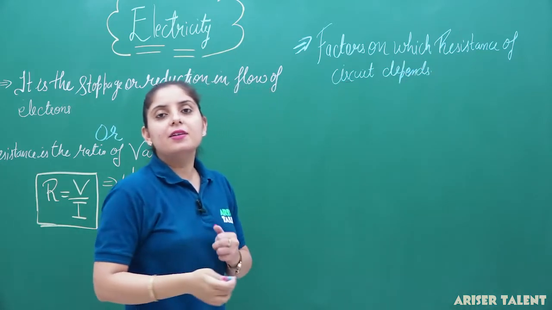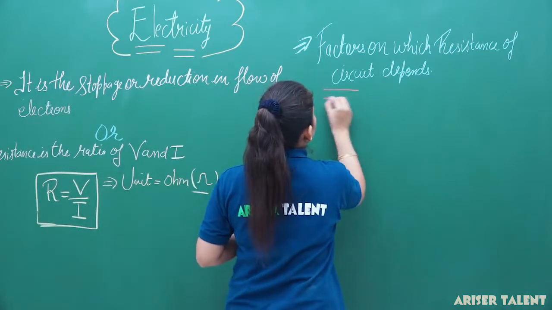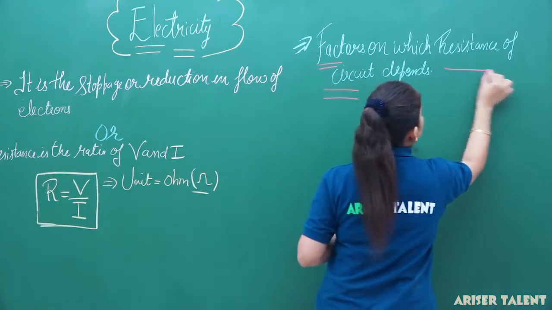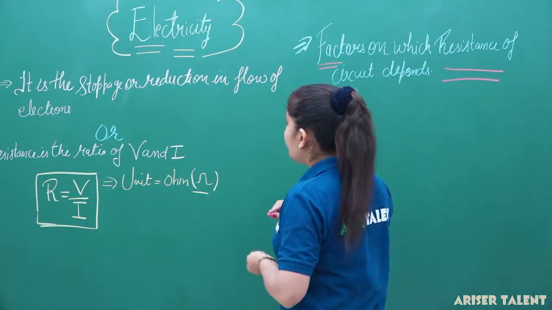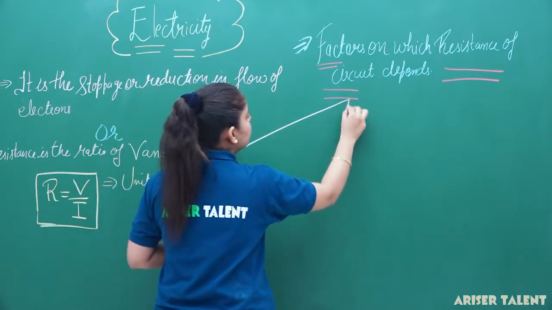Usually there are 4 factors on which the resistance of a circuit is going to depend.